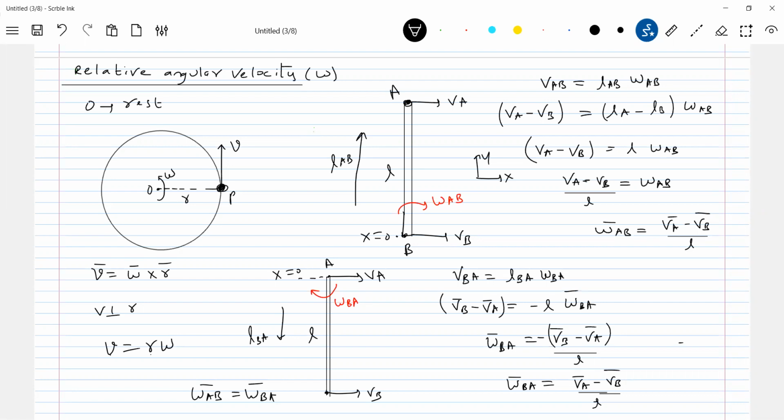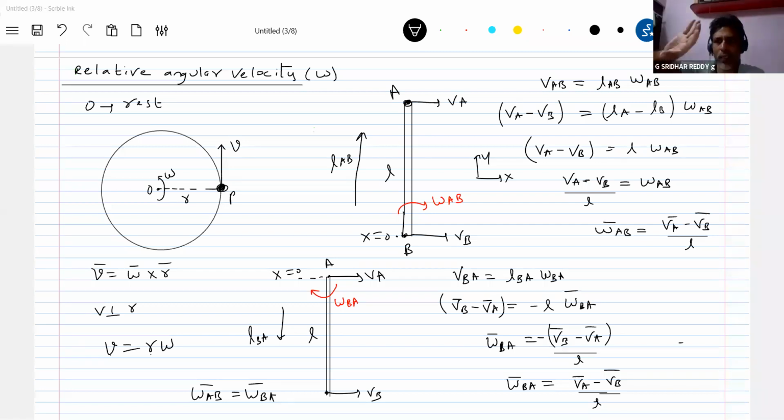You look at the curl of fingers, right hand screw rule, similar to vector cross product. So just close the fingers, curl fingers like this. Then the thumb will point into the plane, no? Yes, sir. Understood, sir. Okay.